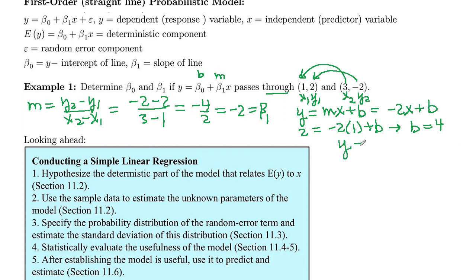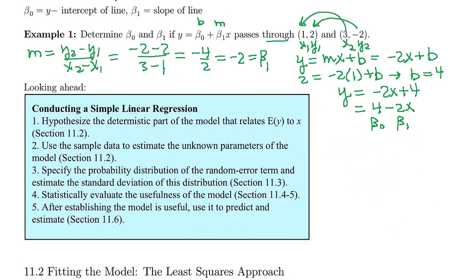So the equation of our line is negative 2x plus 4. Or, again, your book likes to write that as 4 minus 2x. So that our beta 0, y-intercept is 4, and our beta 1, slope is negative 2. So that's just the equation of a line. So we've done that before.